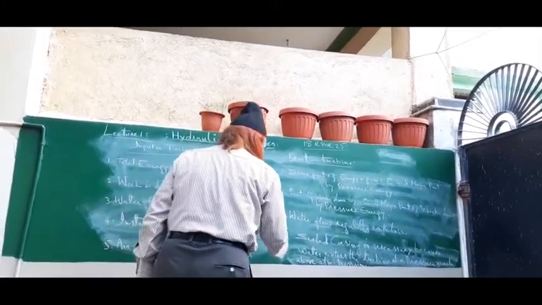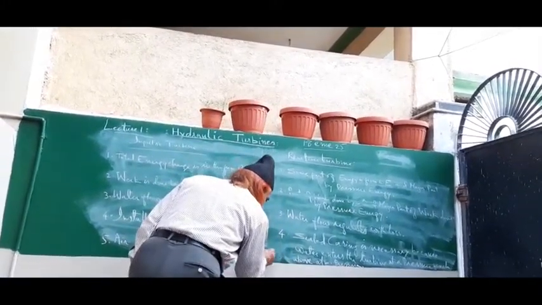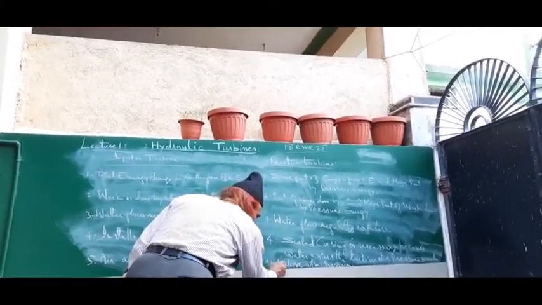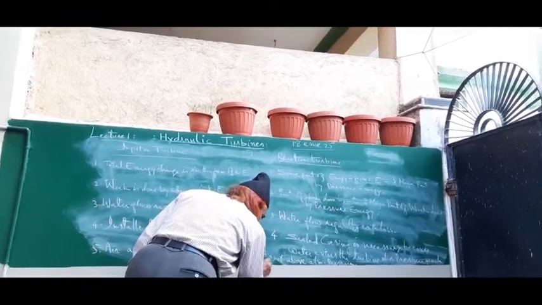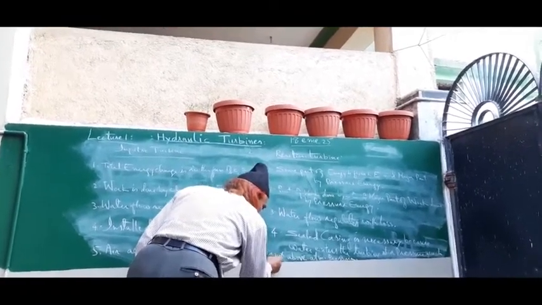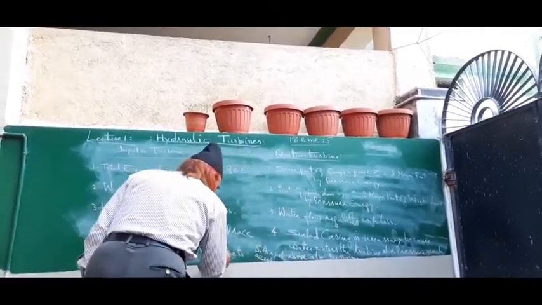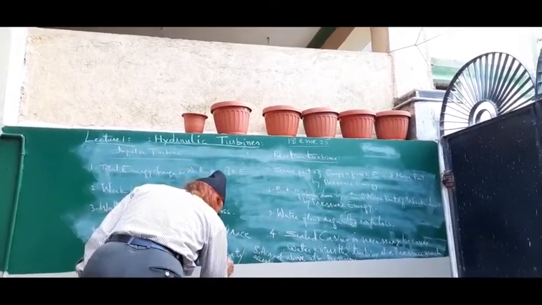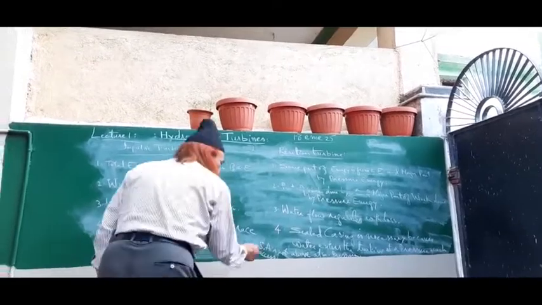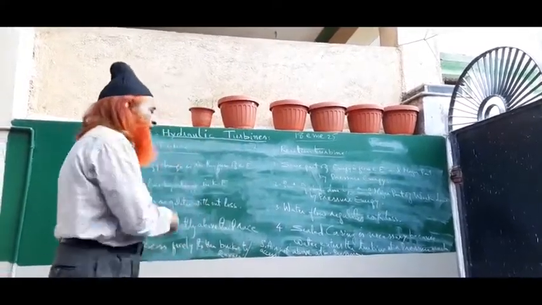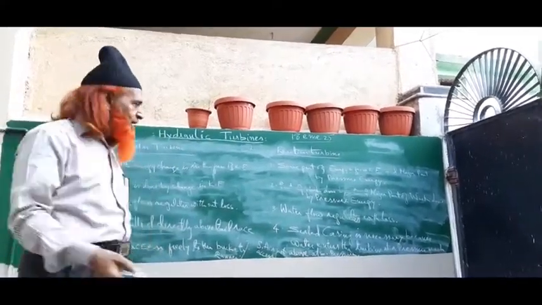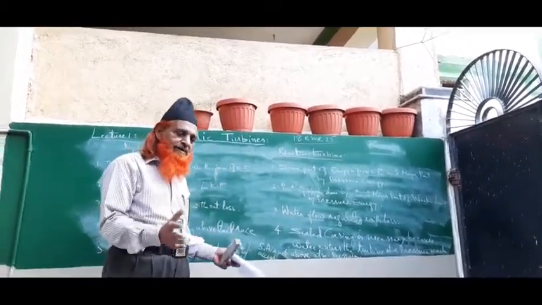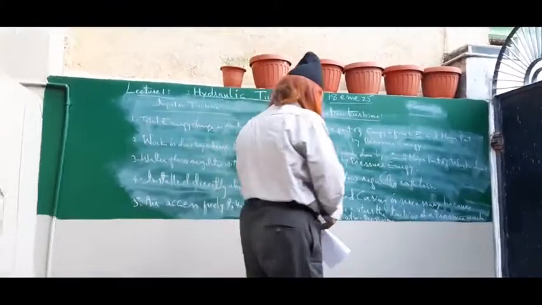Here, air cannot access the runner, or buckets, because a sealed casing is there. And all the vanes are full of water.